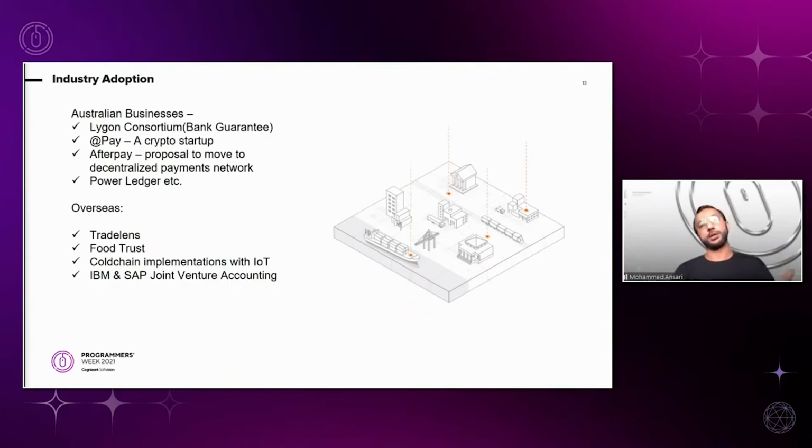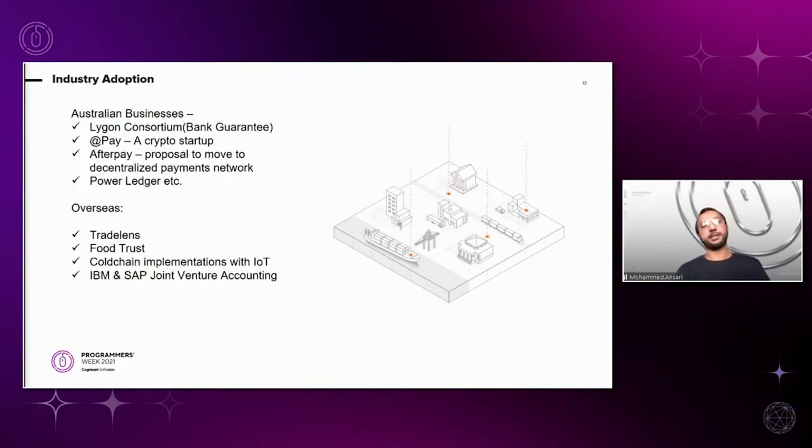So the IoT sensor is going to write the data onto a blockchain network. And because there are multiple parties involved, like the logistics provider, the manufacturer, the distributor, the retailer, and the consumer, the existence of a blockchain network between them guarantees that the data is not messed with.